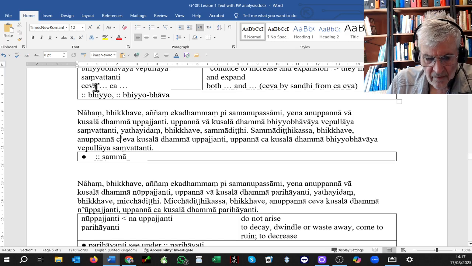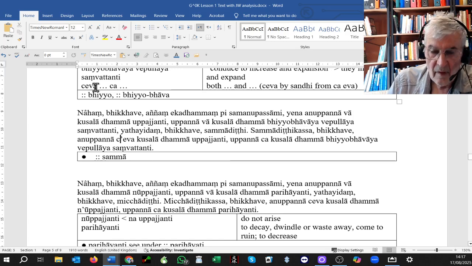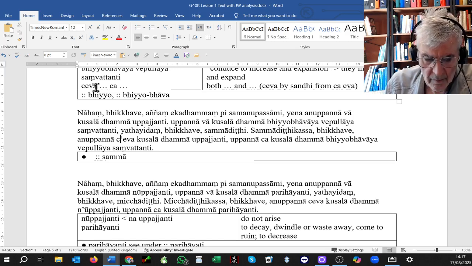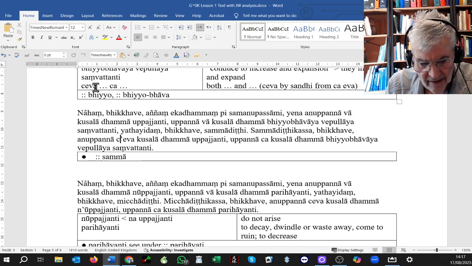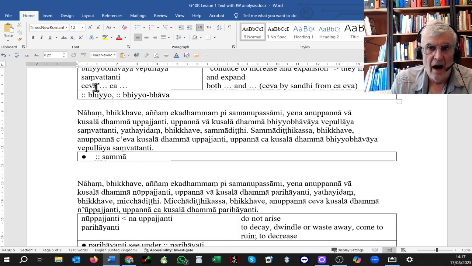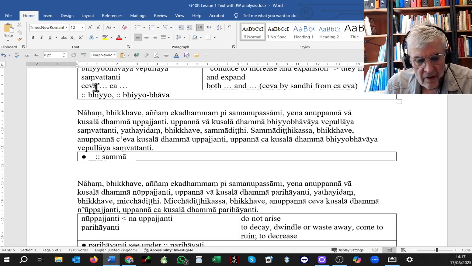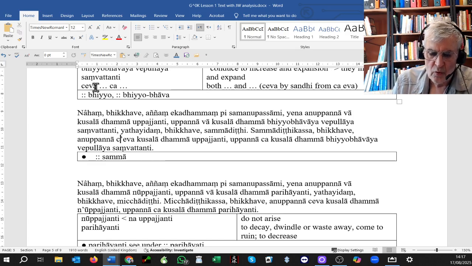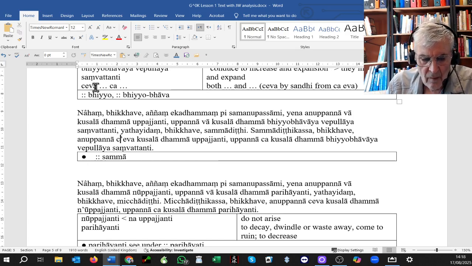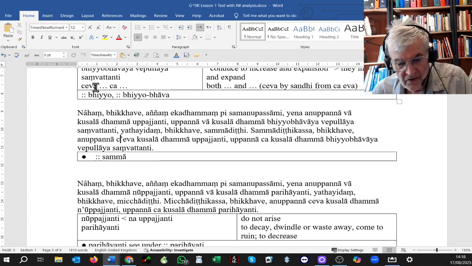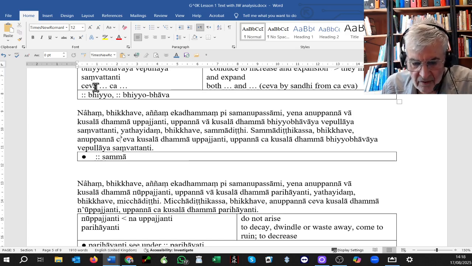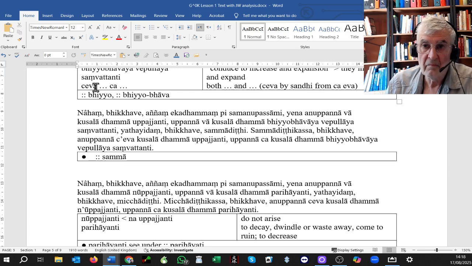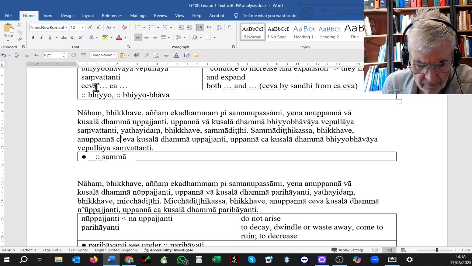So, sammadittikassa bhikkave, for one of right view, O monks, anupanna cheva kusala dhamma uppajjanti, both unarisen, not yet arisen, skillful states arise; uppanna cha kusala dhamma biyo bhavaya vepulaya samvattanti, and arisen, already arisen skillful states increase and expand.